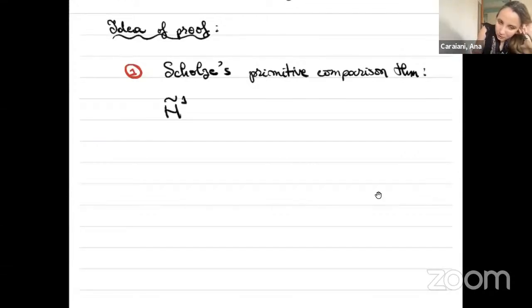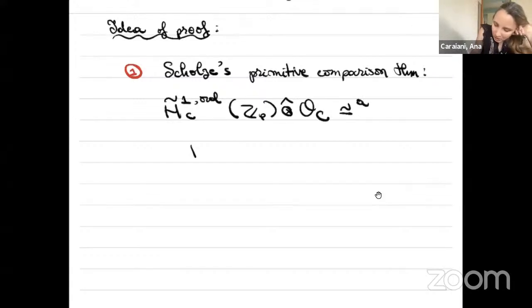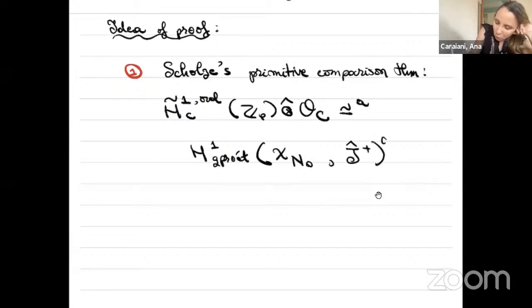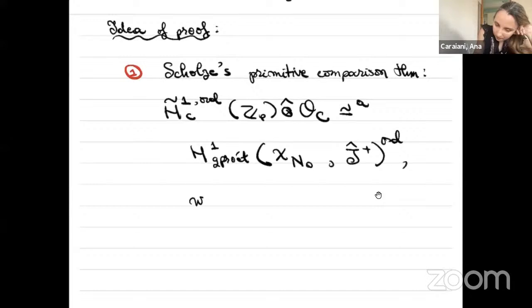So this H1 with compact support ordinary, completed tensor product with OC becomes almost isomorphic to H1, I guess I want to write here quasi-pro-etale, of X and O hat plus ord, where I hat plus inside O hat plus consists of sections vanishing at the cusps.